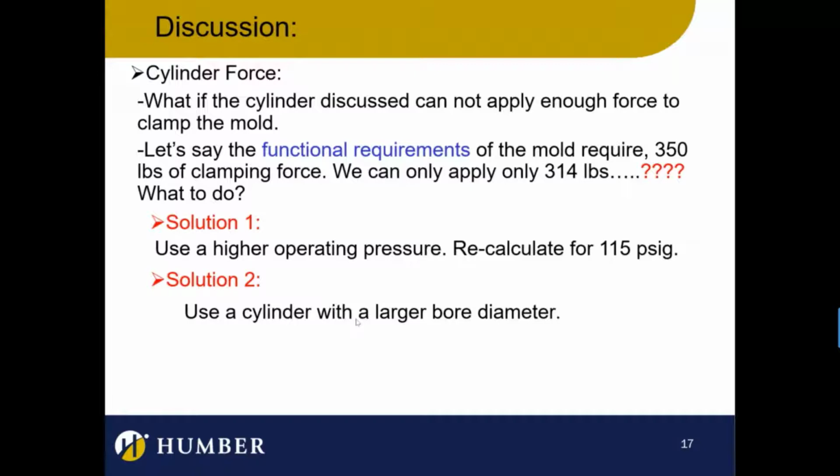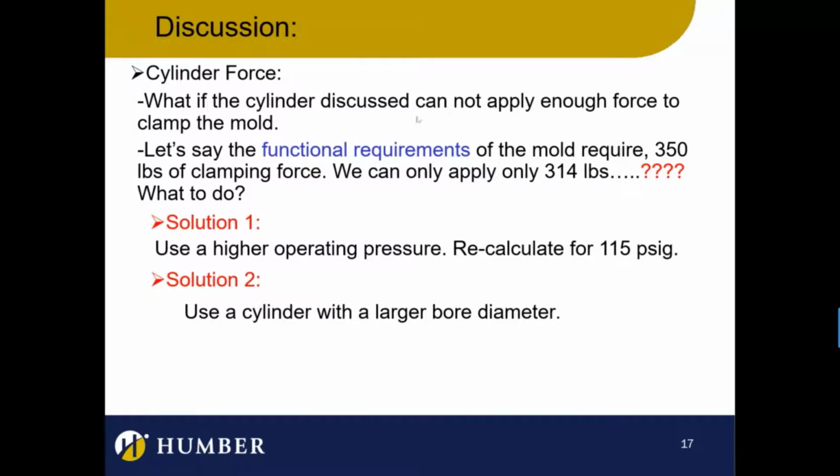Now, if I needed exactly 150 PSI of clamping force, I may be recalculating for a bore diameter that has a very unique bore. But Sonal, you had mentioned a cylinder with a smaller rod. But look at this.